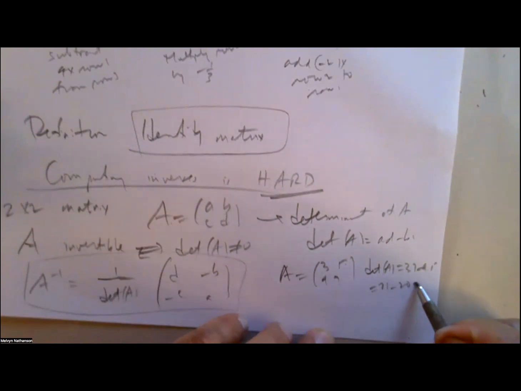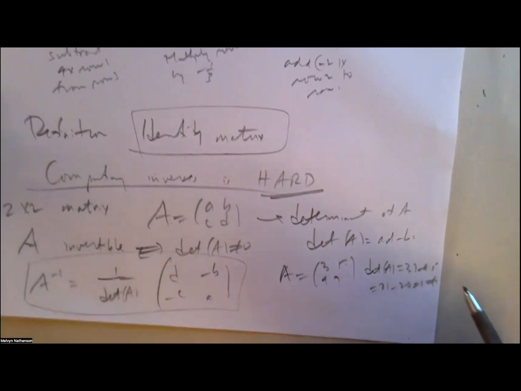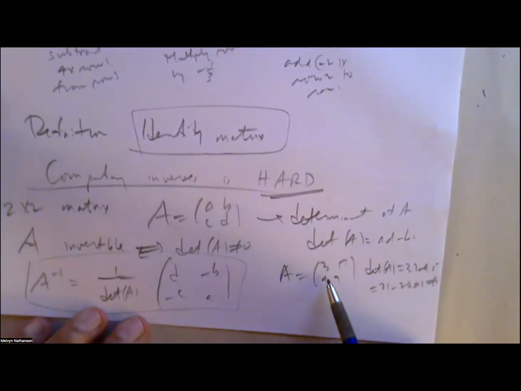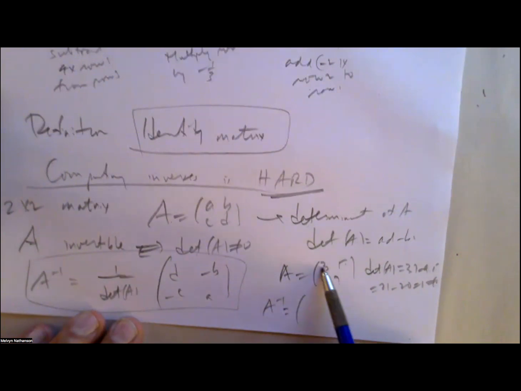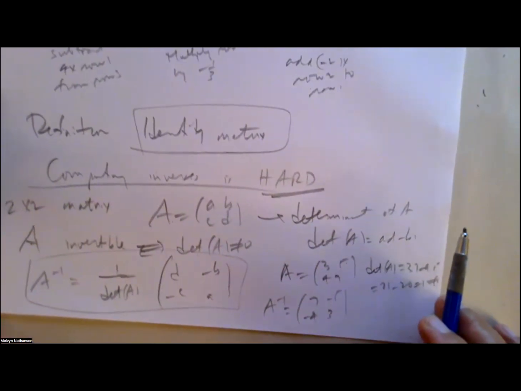That's 21 minus 20, which is 1, which is not 0. So I know this matrix has an inverse. And the inverse would be 1 over the determinant, but 1 over 1 is 1. Interchange A and D, change the signs of B and C. And that's the inverse. That's what I wrote down as the inverse.